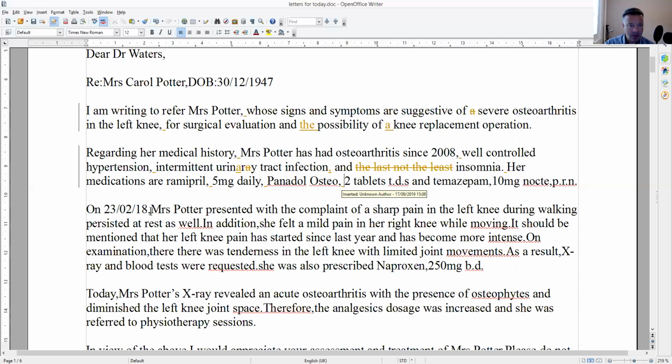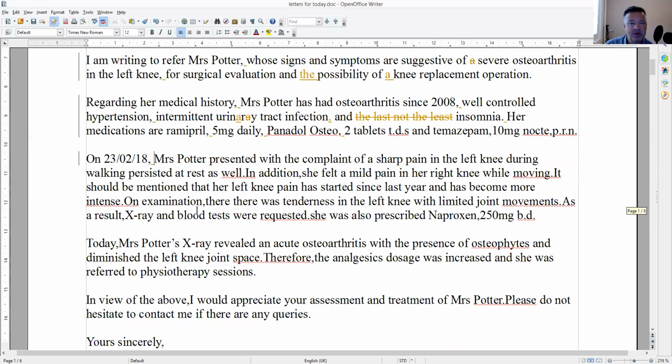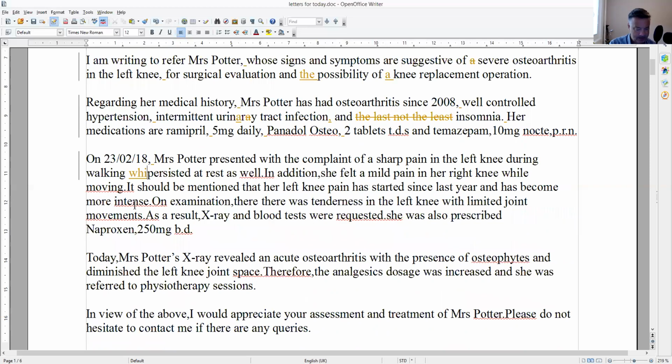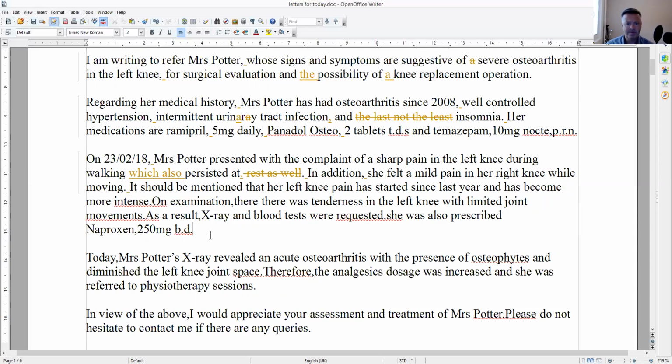Okay. On the 23rd, Mrs. Potter presented with a complaint of a sharp pain in the left knee during walking, which also persisted at rest as well. I would put that there. Okay, in addition, she felt a mild pain in her right knee while moving.